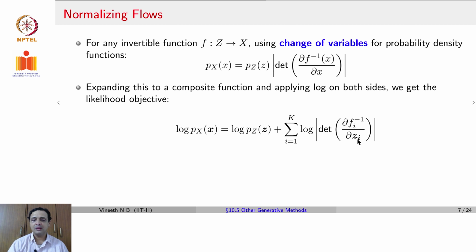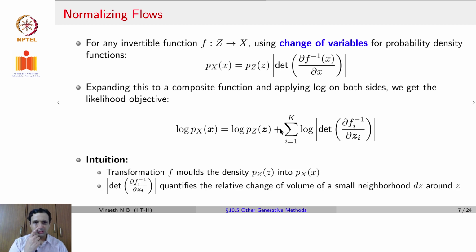How did this come? This came by substituting f with a composition of functions f1 through fK. So that composition, while taking log, becomes a summation. That's how we got this expression here.